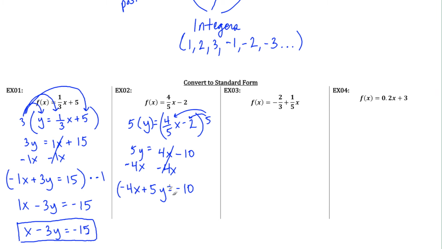So I'm going to multiply both sides by -1. So I get a negative times a negative is a positive 4x. A negative times a positive is a negative 5y. And a negative times a negative is a positive 10.